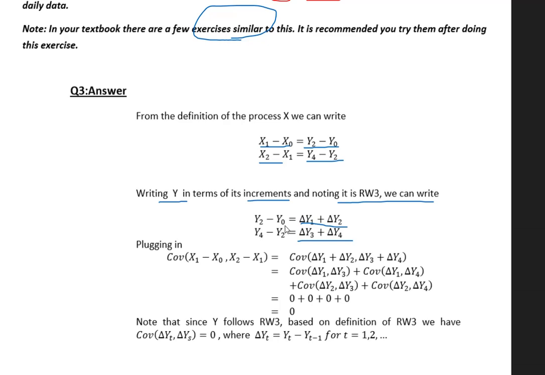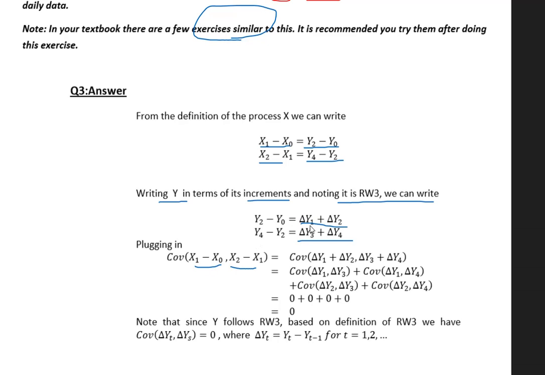So after rewriting y in terms of its increments, we are going to rewrite the increments of x, the new process, in terms of the increments of our original process.